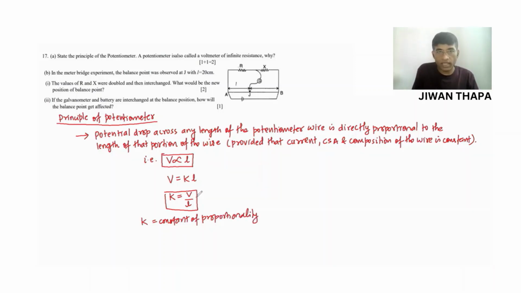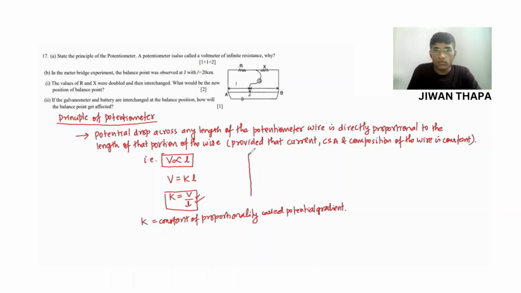And we can see from this equation, K equals potential drop per unit length. So it is called potential gradient.